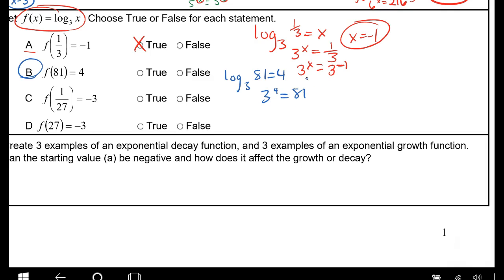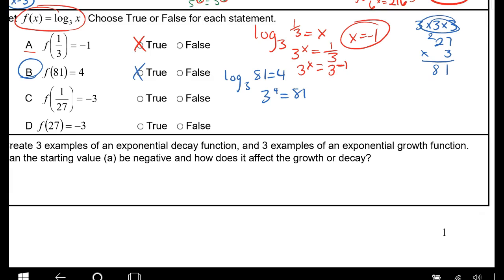If you're not sure if that's equal, just go here on the side and multiply 3 times 3, which is 9, times 3, which is 27. Then 27 times 3 is 1, carry the 2, 2 times 3 is 6, plus 2 is 81. So yes, it is equal. So that one's true as well.